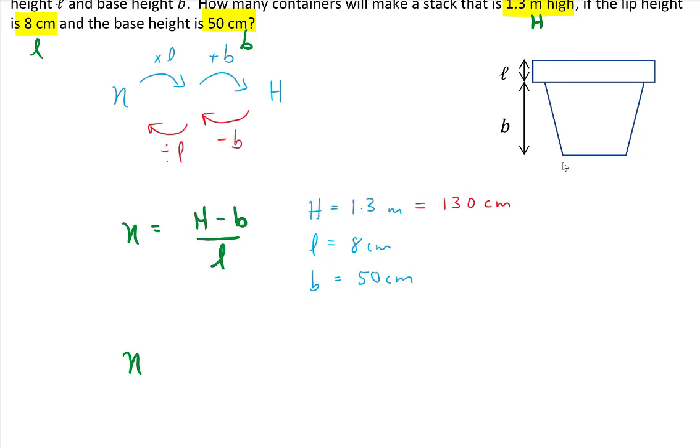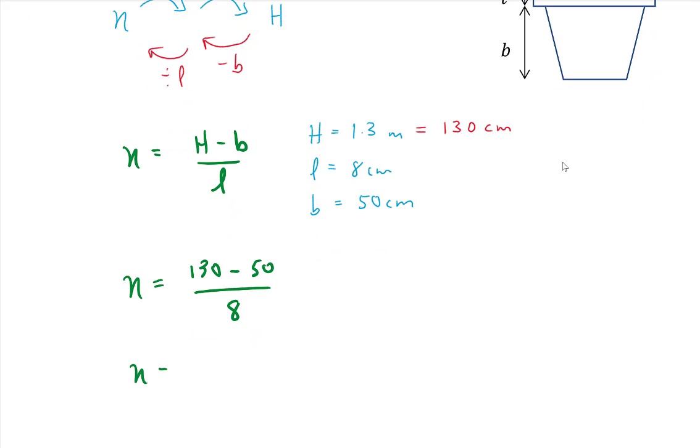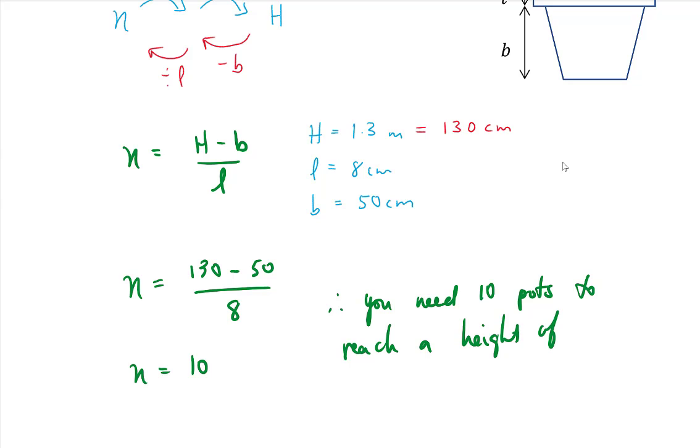So to calculate n, we take 130 minus 50, divided by 8, and this gives us that n is equal to 10. Therefore, you need 10 containers to reach a height of 130 centimeters.